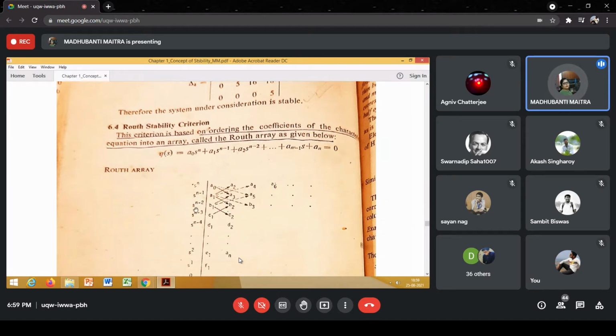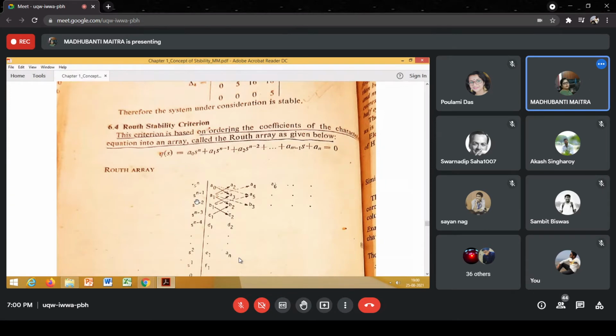The next row will correspond to s to the power n minus 2. So we'll write s to the power n, s to the power n minus 1, and draw a line like this. And these are the elements of the row corresponding to the term s to the power n. These are the elements of the row corresponding to the term s to the power n minus 1. Clear? Yes, ma'am.